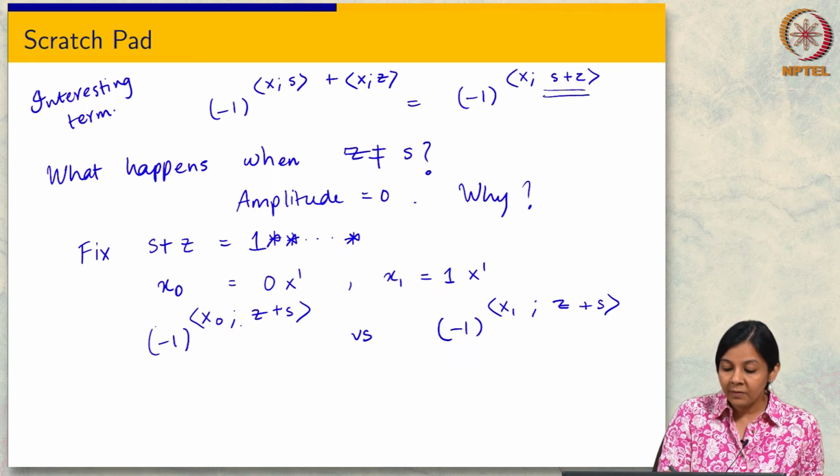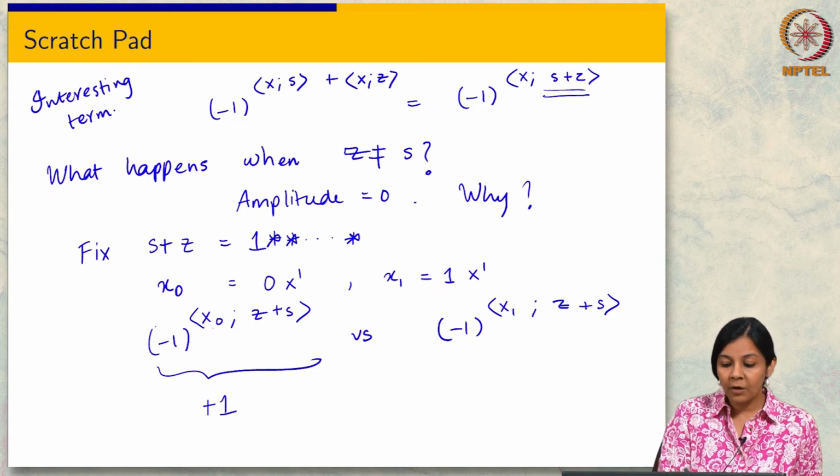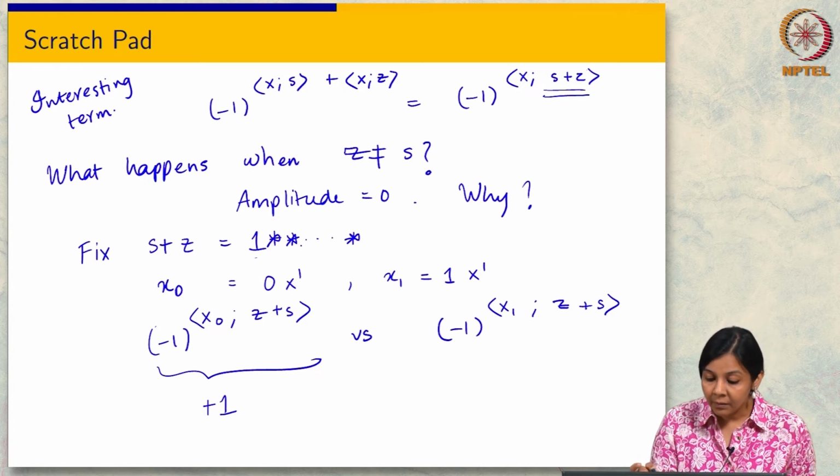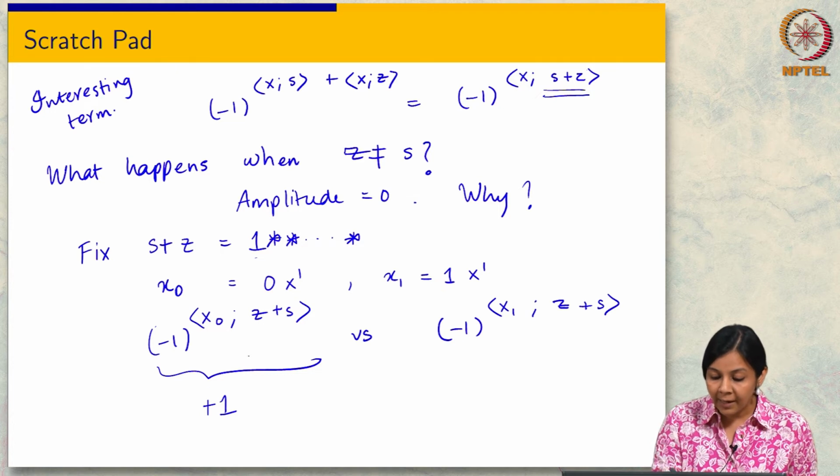So this is going to be 0, so this will become 1 plus 1, correct? Does everyone agree? This becomes plus 1 because this exponent becomes 0. Oh, wait. Actually maybe I cannot claim that it becomes plus 1.